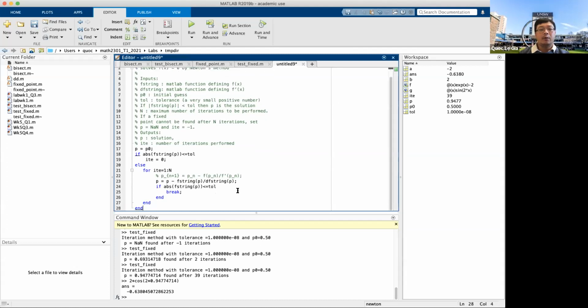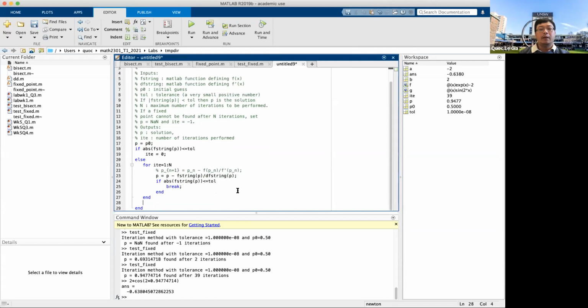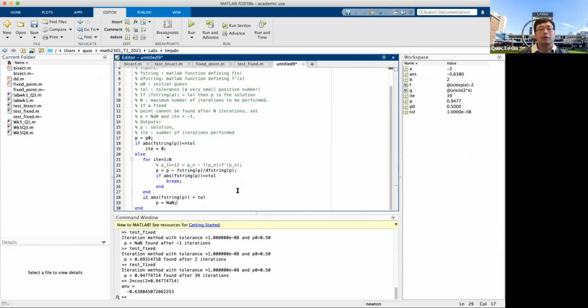Otherwise, you see, after we carry out an iteration, if this condition is still not satisfied, so if the absolute value of f of p is still bigger than the tolerance, then I say, okay, I cannot find a solution. I say that p is not a number, and then I quit.